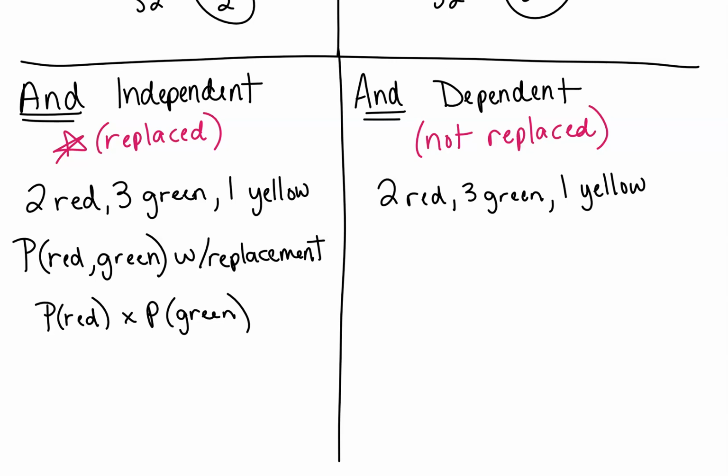The number one mistake that gets made is people count the wrong total number. So how many times should you count the total number? At least twice. Double check your counting. So 2 plus 3 is 5, plus 1 is 6. 2 plus 3 plus 1, 6. Okay, so the probability of getting a red is 2 out of 6 times the probability of getting a green is 3 out of 6.